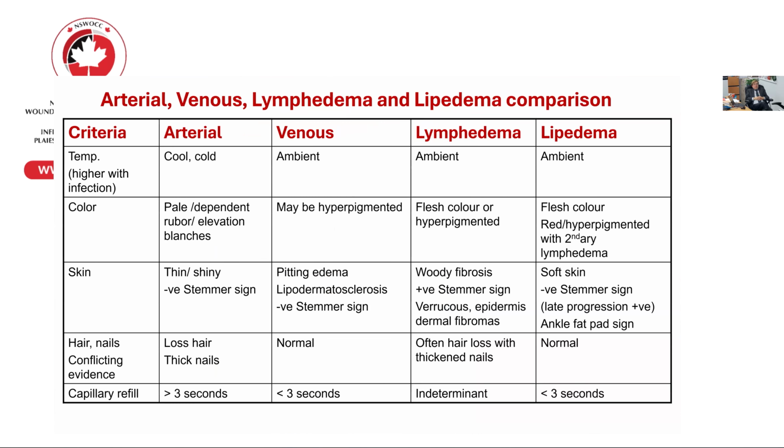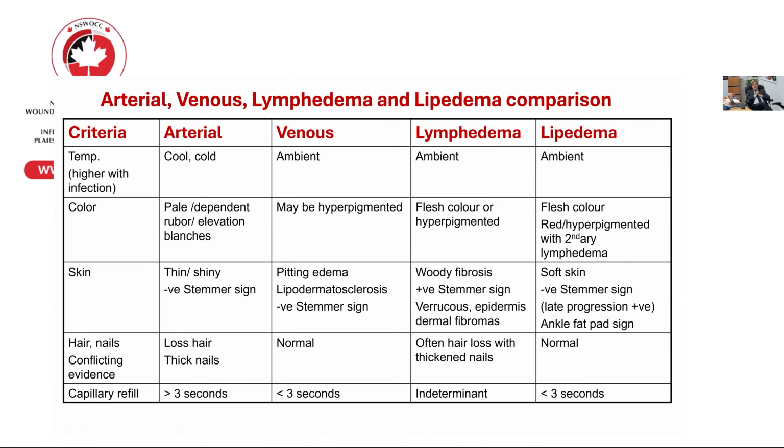Next one. And that can be quite painful too for patients. Yeah, and you really shouldn't put high compression on because actually the arteriole, which is in the middle of the fat lobule and not in the septal part of the fat lobule, is very susceptible to that pressure.